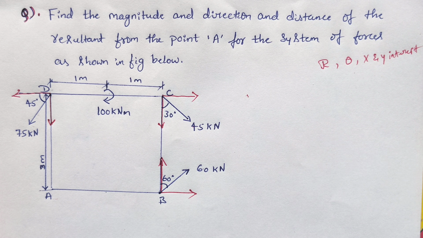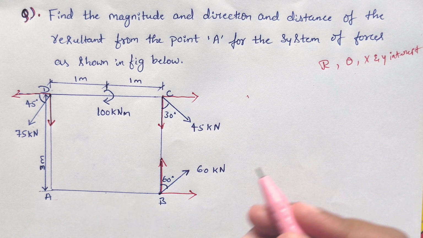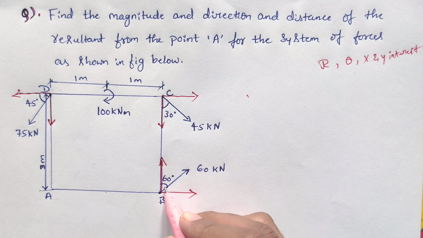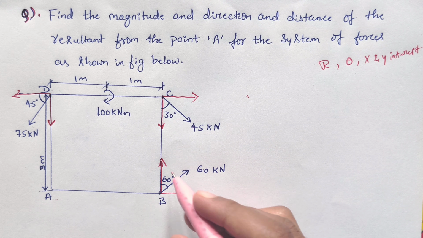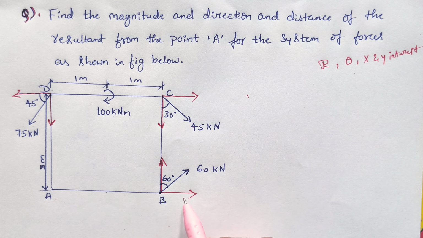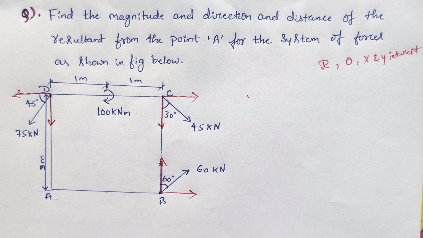Now comes the step. Many of the students will get confused here whether to take sine or cos. Listen carefully. Whenever the angle is making with respect to y-axis, this is y-axis and this is x-axis, you know that, right? Whenever the angle is making with respect to y-axis, then this horizontal will come as sine. If the angle is making with respect to x-axis, then it will come as cos, horizontal.